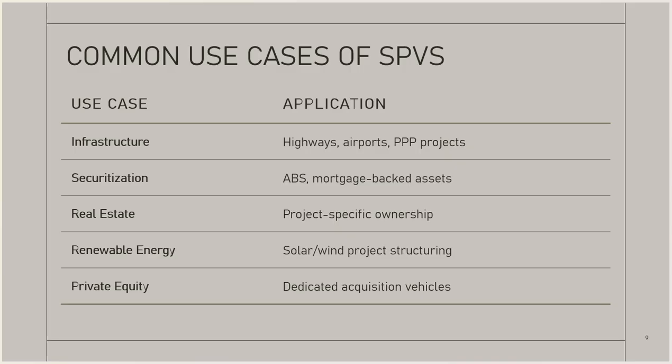The securitization project is used for home loans, where the asset is the home loan. Your entire home building is the asset, backed by the assets or the liability. Then there is real estate project-specific ownership, renewable energy such as solar and wind, and private equity kinds of special purpose vehicle use cases.